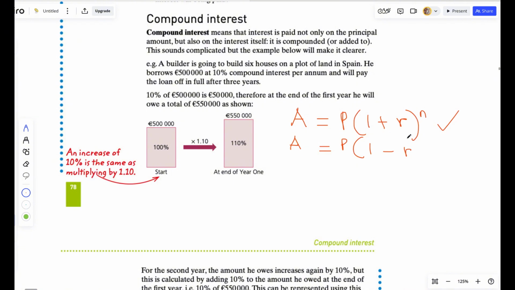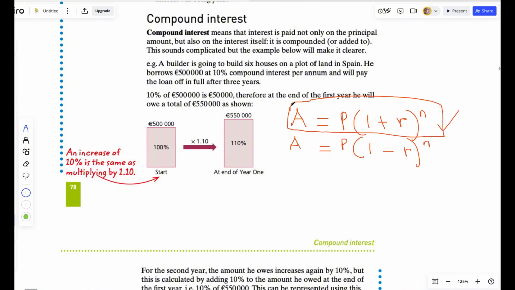This one we use for a decreasing population also, a decreasing forest, number of trees in the forest. We use the minus. But if something is appreciating or increasing, we use the first formula.